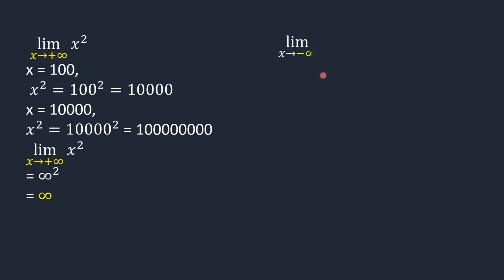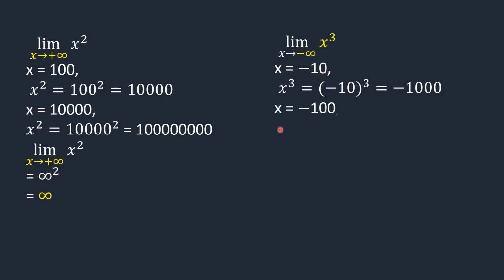Now let us consider limit x cube as x approaches minus infinity. Let us assume x equals minus 10. So x cube will be minus 10 cube, which will be minus 1000, because cube of a negative quantity is negative. Now let us reduce the value of x still more. Let us assume x equals minus 100.